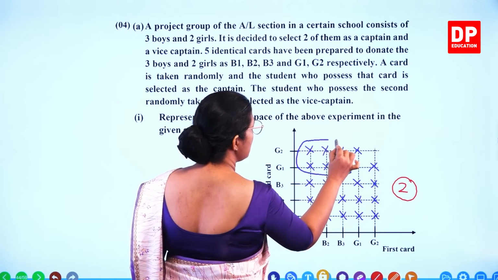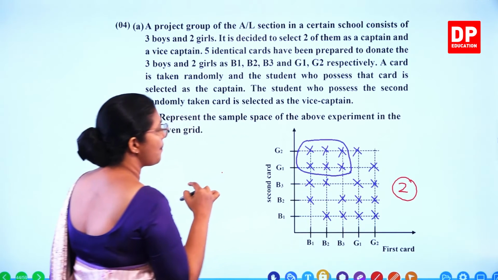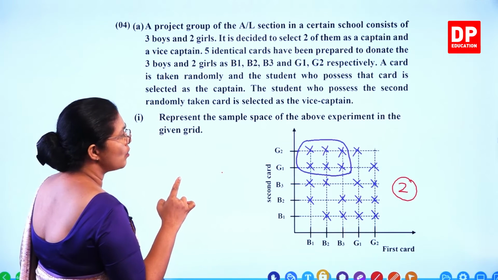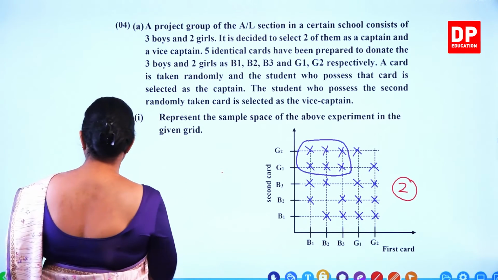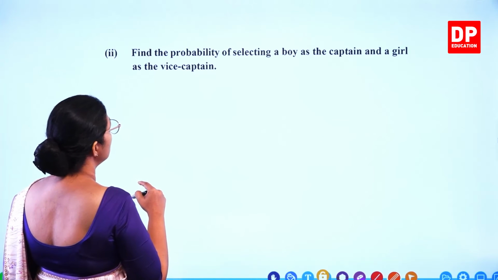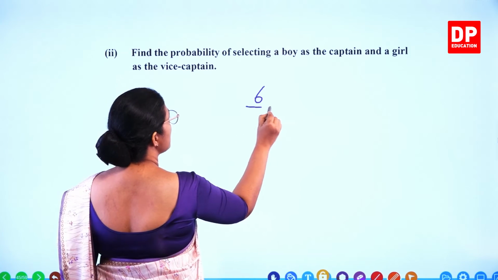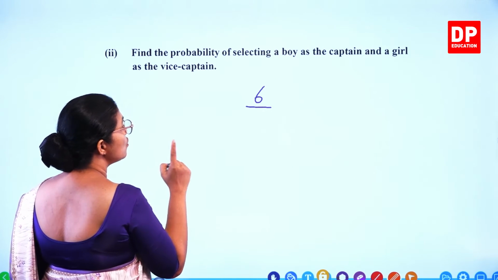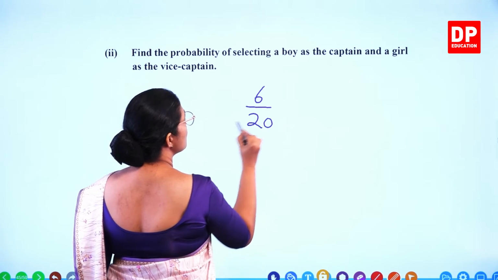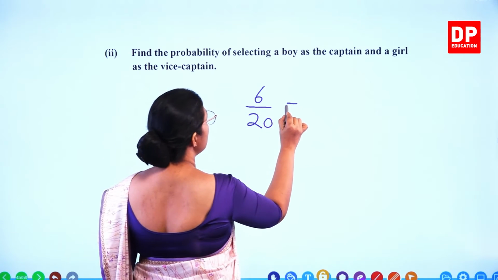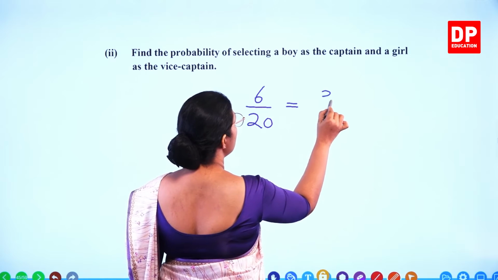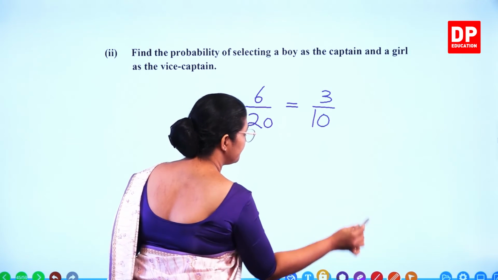So this is the part. So 6 outcomes are there, altogether 20. So 6 over 20, or you can simplify and write 3 over 10.